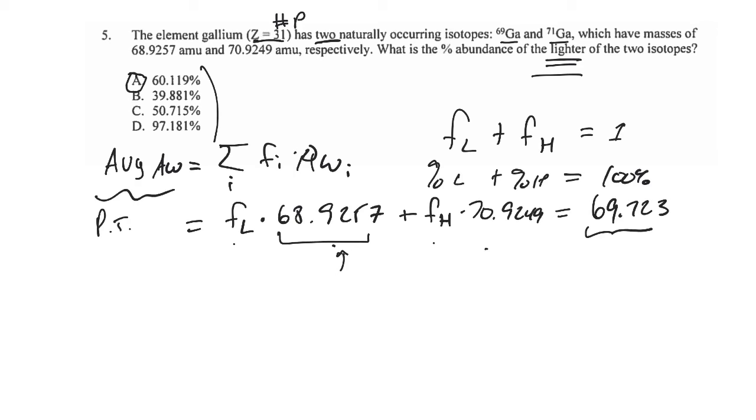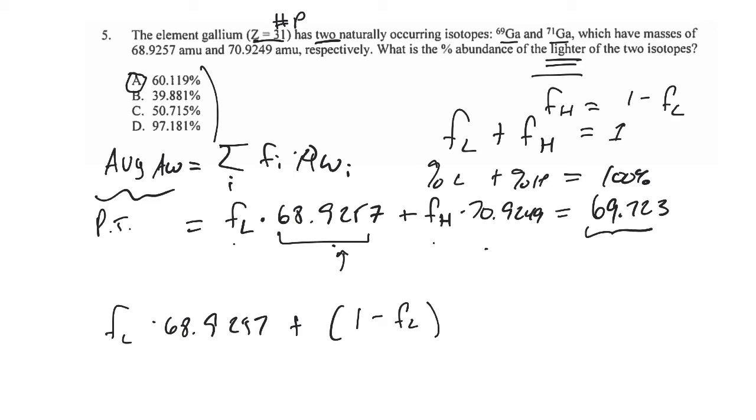And so that might allow us to write that the fraction of the lighter isotope times 68.9257 plus the fraction of the heavier isotope, which would be 1 minus the fraction of the lighter, times 70.9249, and set that equal to the average atomic weight from the periodic table, 69.723.